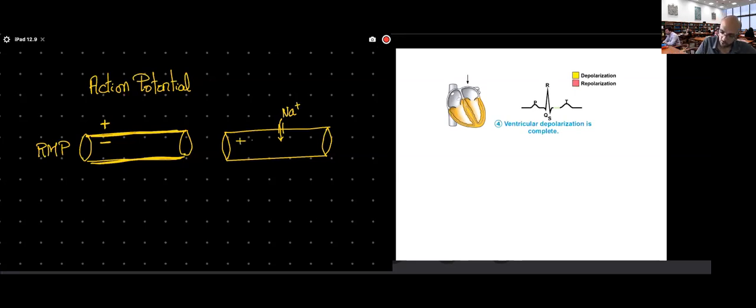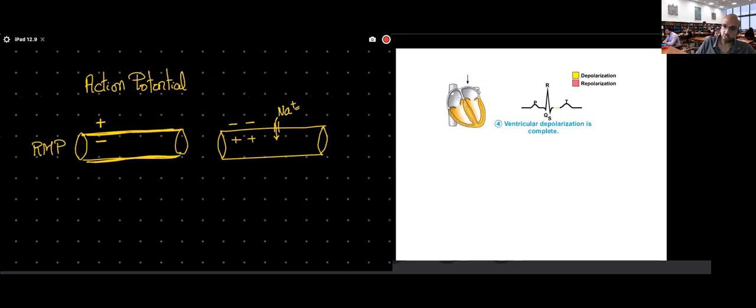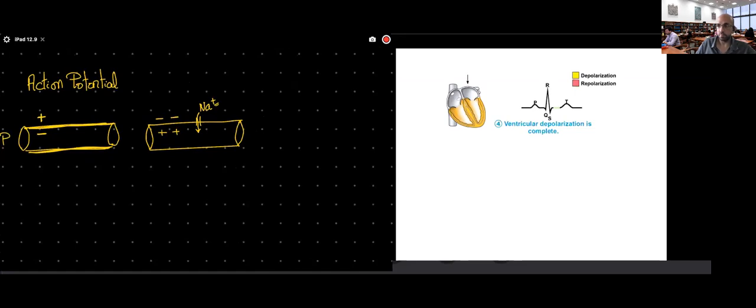Inside will become more positively charged, as the sodium is positive. And outside will become more negatively charged. Here we're checking the difference between the inside and outside. I'm not saying that inside is purely negatively charged or outside is purely positively charged. It's a matter of comparison. I'm comparing inside and outside. So I allow the sodium in, inside will become more positively charged.